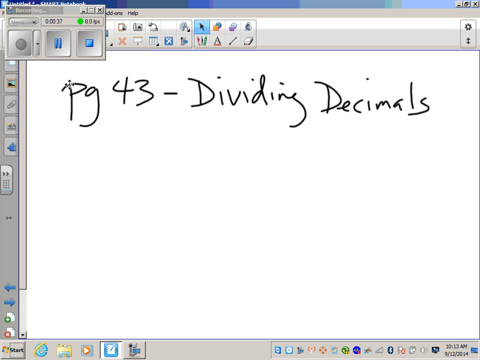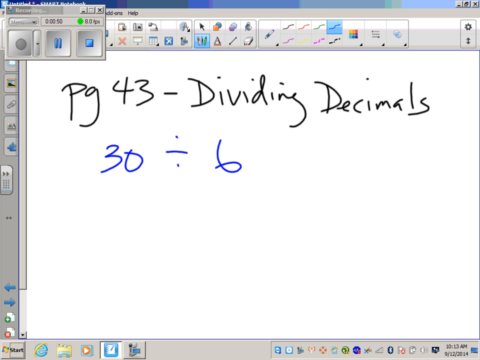Dividing decimals. Page 43. $30 divided by 6.